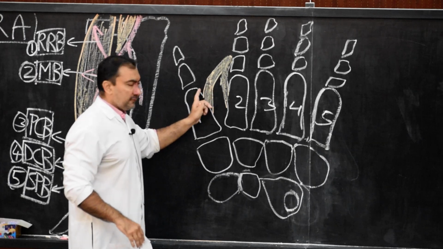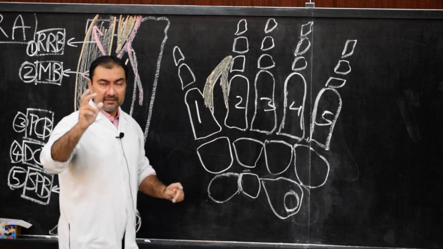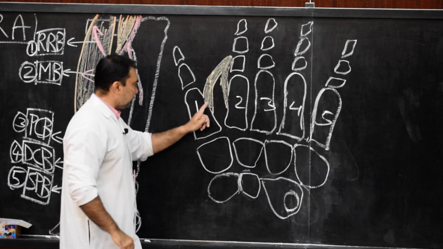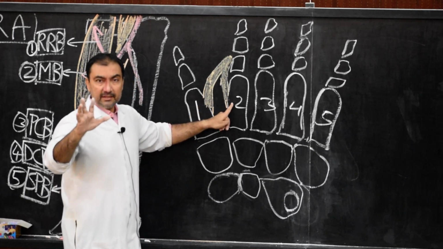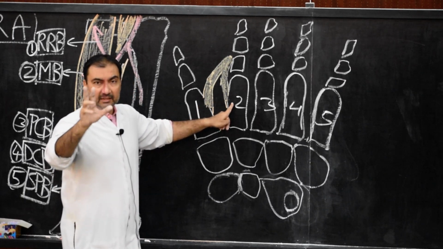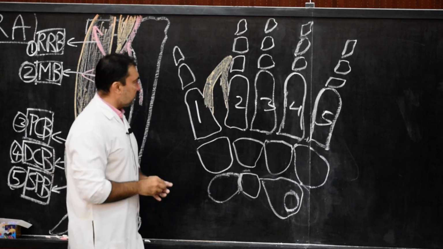The first dorsal interosseous is bipinnate, taking origin from the adjacent sides of the first and second metacarpal bones.